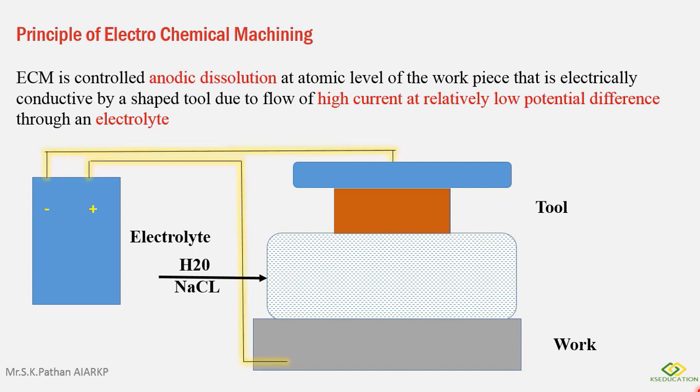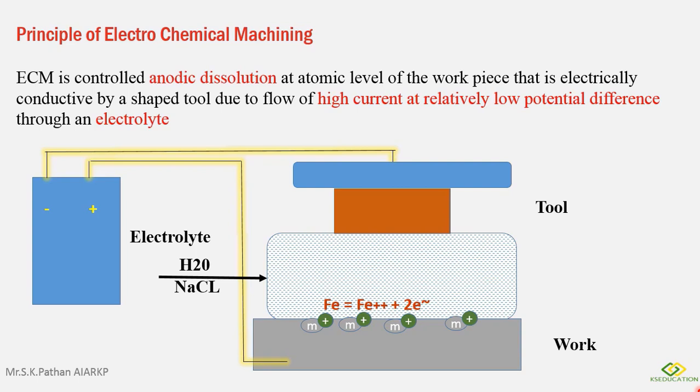When strong electric current is supplied at a low voltage, because of that this work, that is the anode, starts liberating positive ions, and in this case there is iron which is in the form of positive ion.